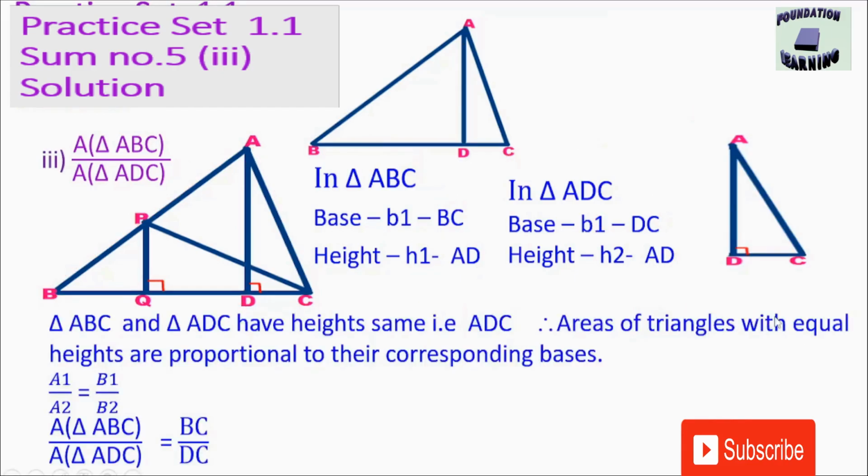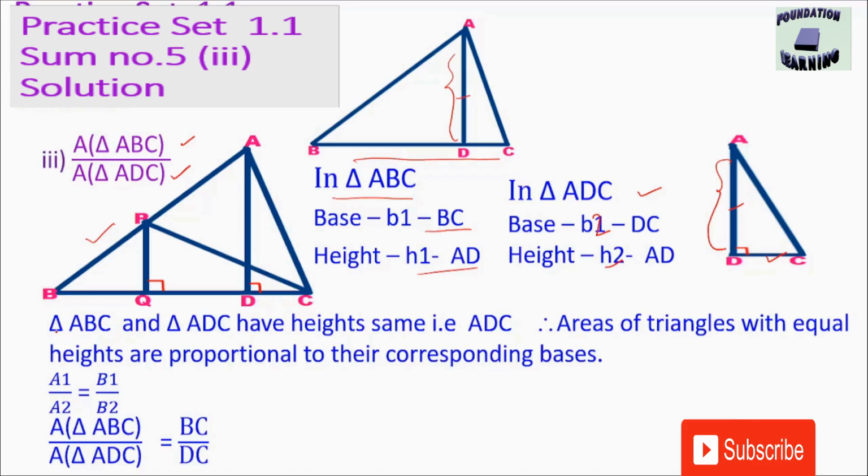So let's see the steps. Here you have the proper figure, and what we have to find is area of triangle ABC upon area of triangle ADC. In triangle ABC, base is BC, height is AD. In triangle ADC, base 2 is DC and height 2 is AD. AD is common in both places. That means the height is common.